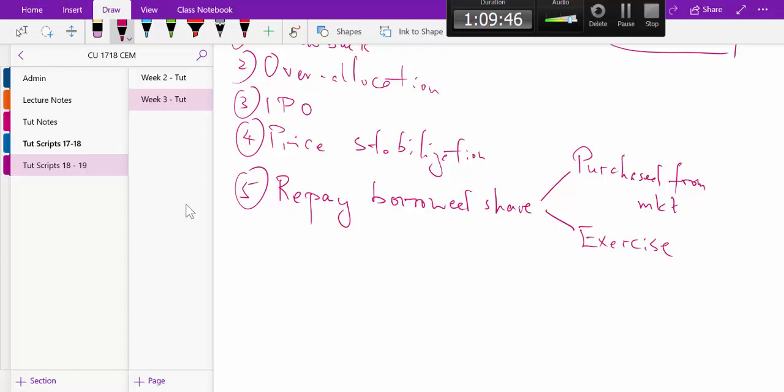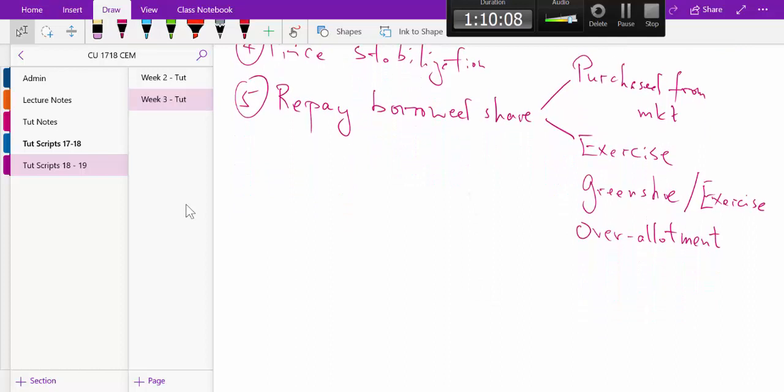Right? Exercise green shoe. Exercising green shoe is the same as exercising the over allotment option. It just means you have the option of going to the issuer and asking for additional shares. Is everyone okay with that? Yes.